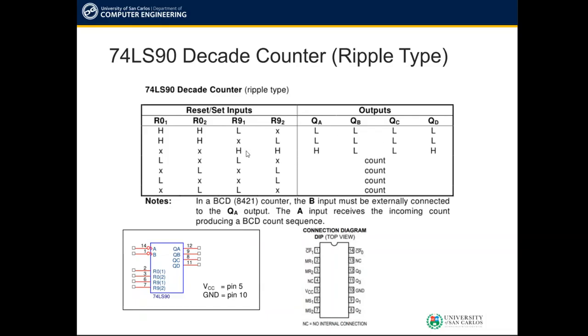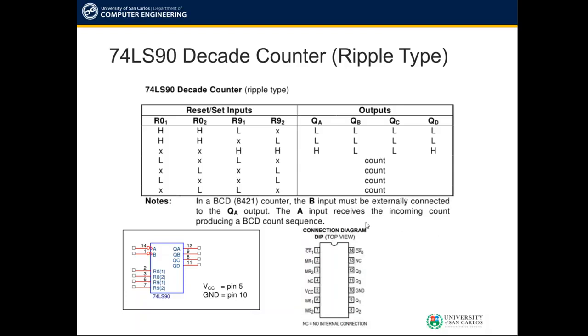Other than that, when everything else, R1, R2, S1, S2, or R01, R02, R91, and R92, becomes low, it counts.